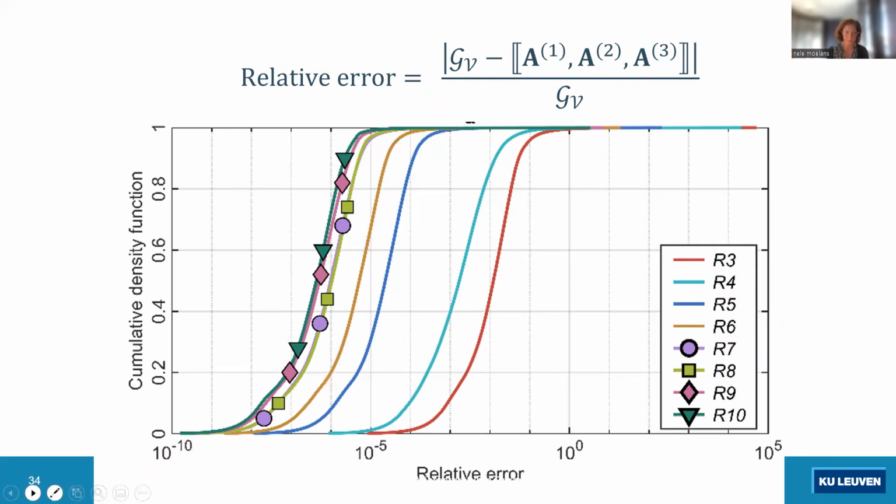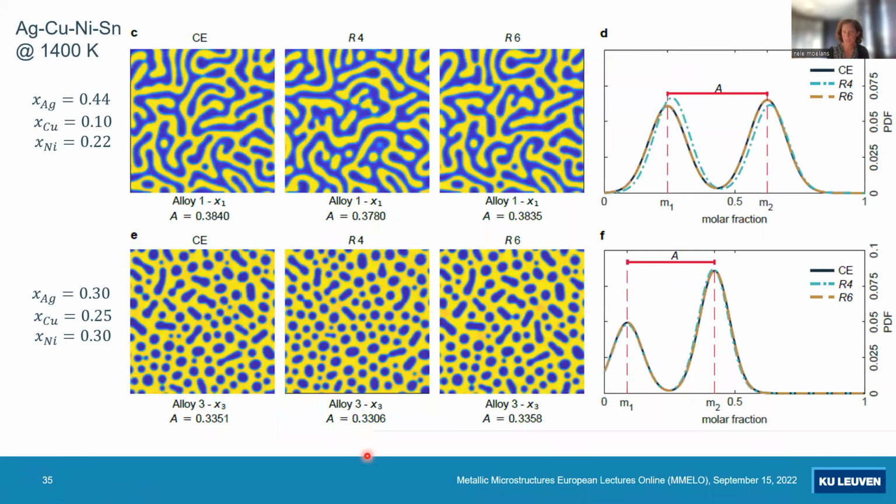And then we use them in phase field simulations of spinodal decompositions. So we also used tensor models of different ranks. So we used rank 4, a less accurate one, and rank 6, which we consider as the best one. And then we also performed simulations using the full Gibbs energy expressions. And you can see that if you use rank 4, there are still some differences.